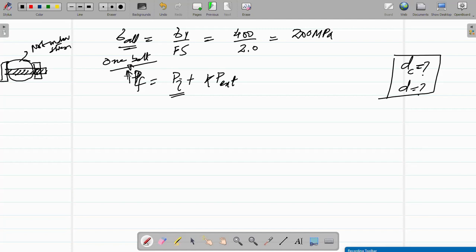Remember this, please remember this. If you confuse that, your problem will become wrong. It will become a major fault. So this is the load on the one bolt. This load is the tightening load of one bolt. This is the load carried by all the bolts.